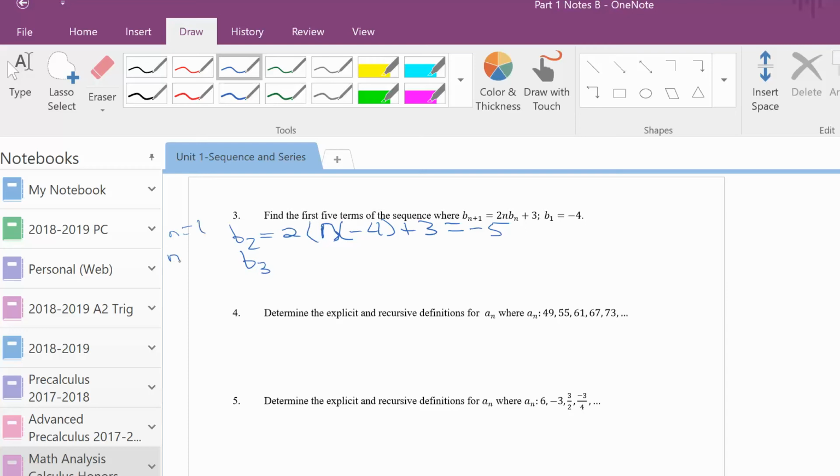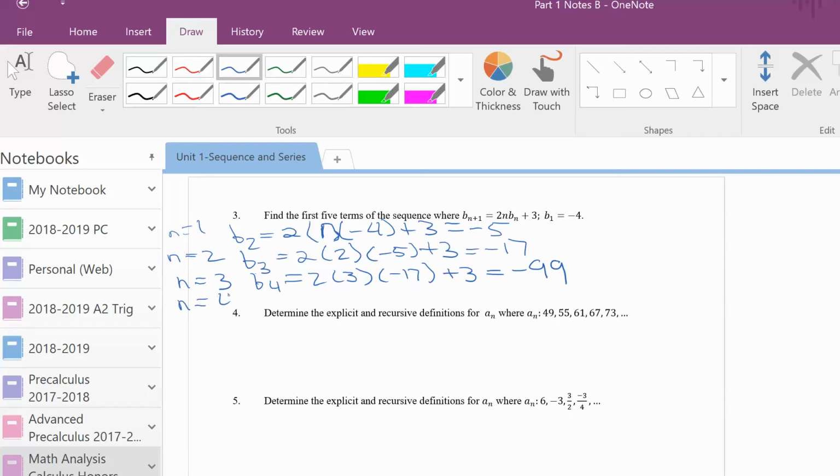The third term means n is equal to 2. So it's 2 times 2 times the previous term, -5, plus 3, which gives you -17. The pattern continues. If you're finding the fourth term, n is 3. So 2 times 3 times -17 plus 3 is -99.